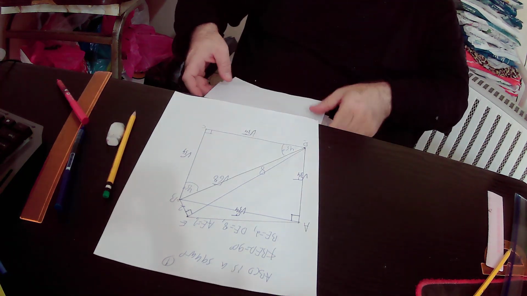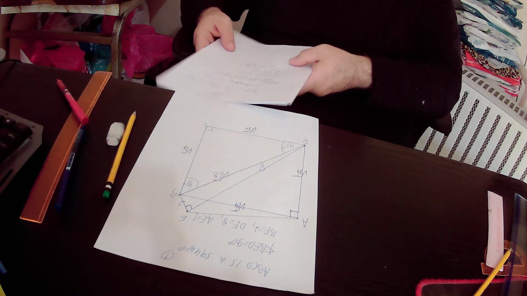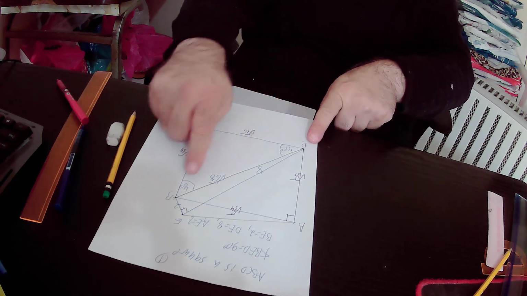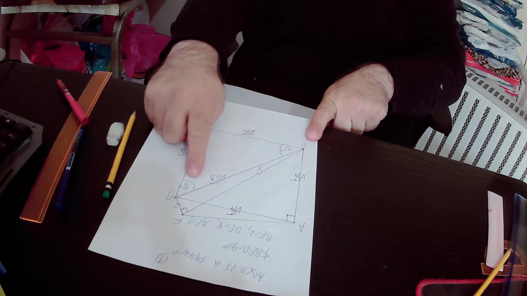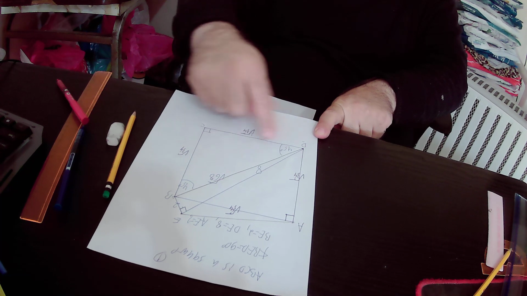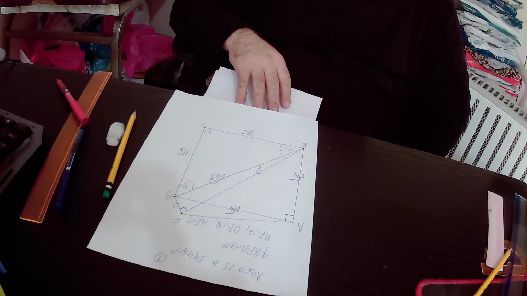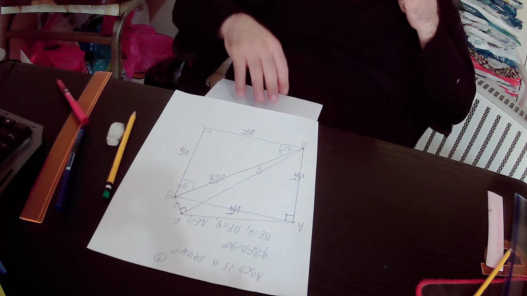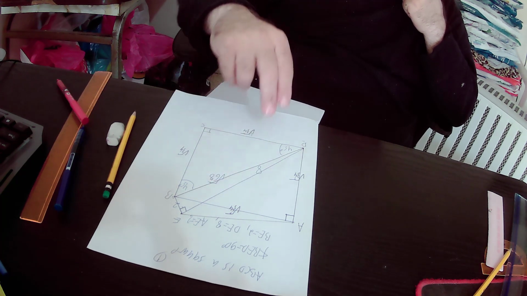So first of all, we connected together points D and B by a straight line. So actually DB is the diagonal of square ABCD, and the triangle EBD, this triangle is a right triangle.